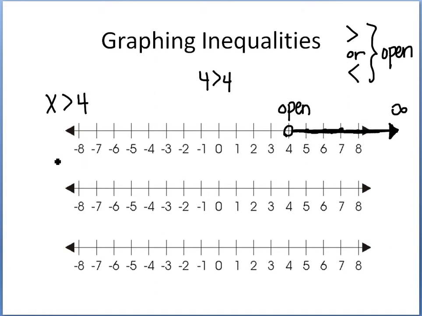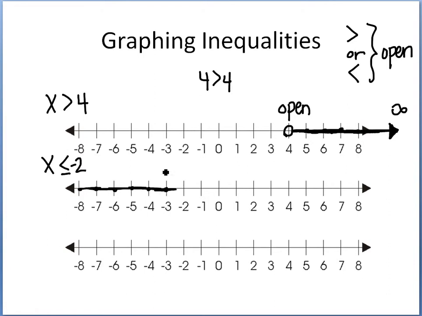All right, let's do another one. Let's do a less than. This time I'm going to do a less than or equal to -2. Okay, so numbers that are smaller than -2 are to the left of -2. So -3, -4, -5, etc. And also all of the numbers in between.